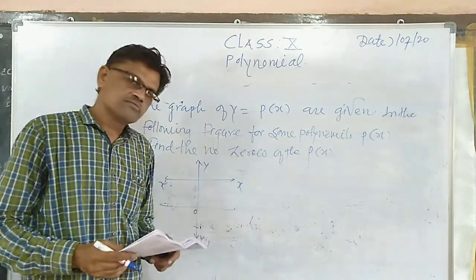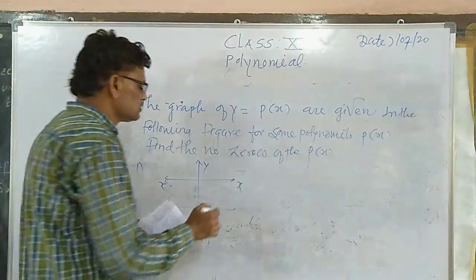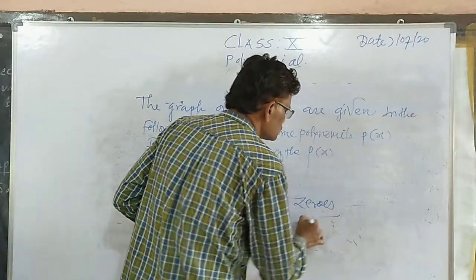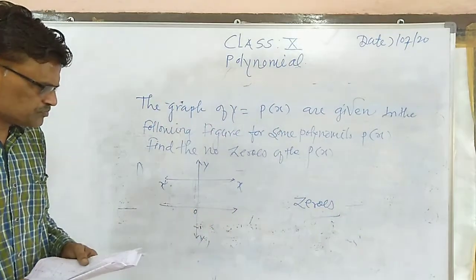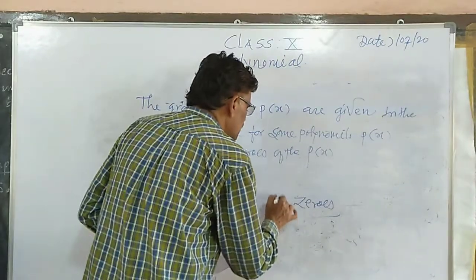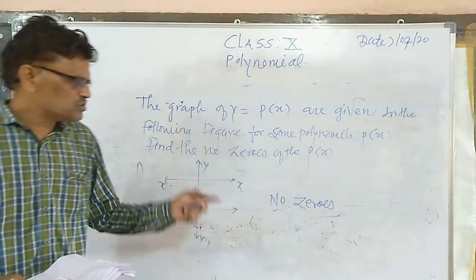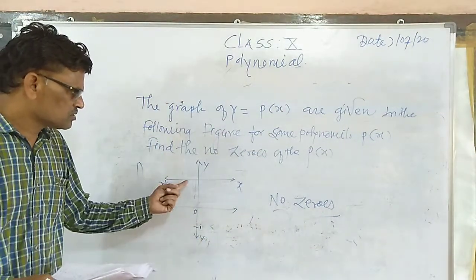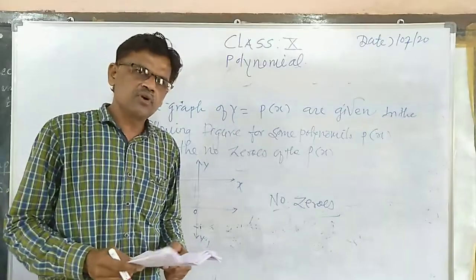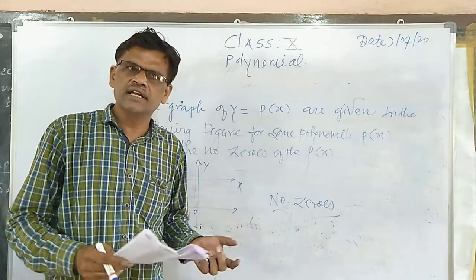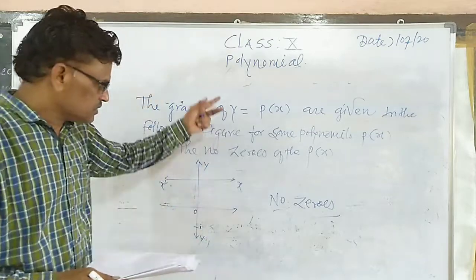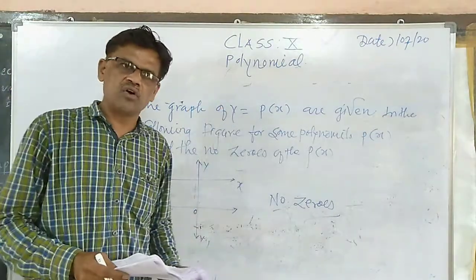In this case, how many zeros are there in this figure? You see, no zeros. The answer will be none. Why no zeros? Because the other line is a parallel line, and this parallel line does not intersect the x-axis. So in this case, there is no zero at all.